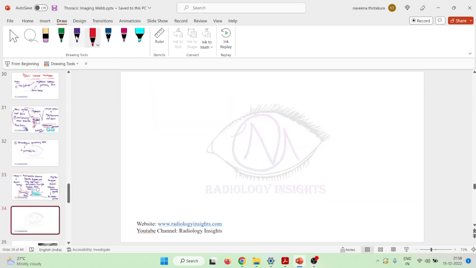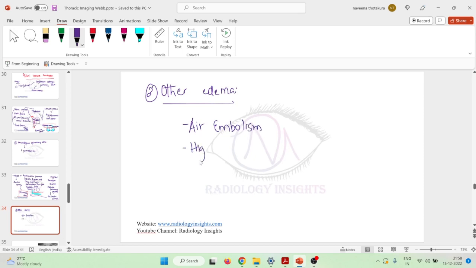And we have other types of edema also. The third one is other types of edema where the alveoli is replaced by water. These include when the patient has air embolism, or high altitude pulmonary edema, where pulmonary edema occurs in patients living in high altitudes, or we have neurogenic pulmonary edema.